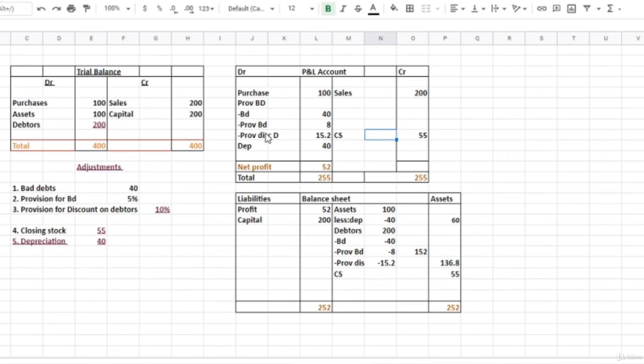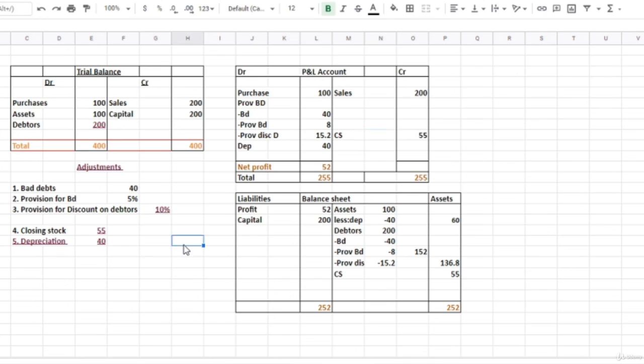What you have added on the credit side, you have also added on the debit side. So that is double entry. Also, what you have added on the debit side, you are also removing from the debit side or asset side. Or what you have added in the credit side, you have also added on the debit side. So this is how the double entry system works in the final accounts.